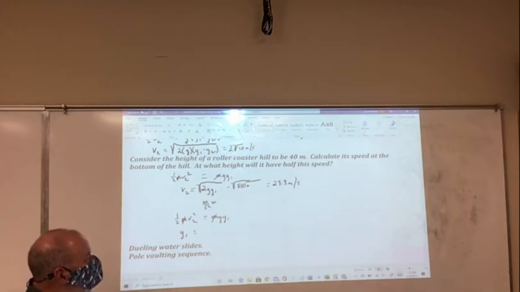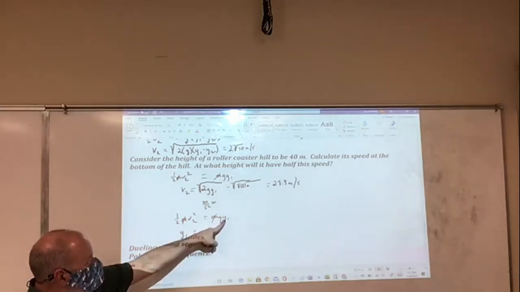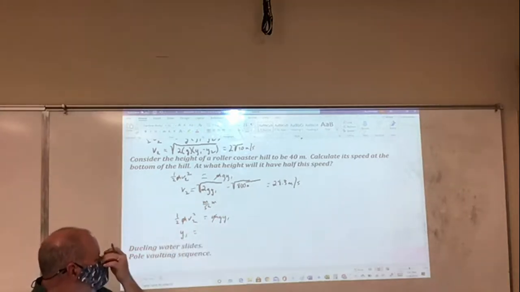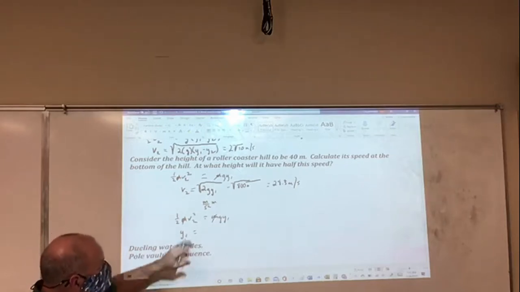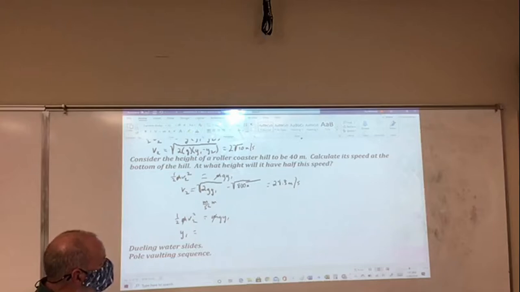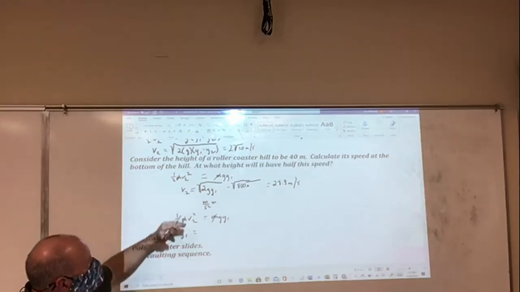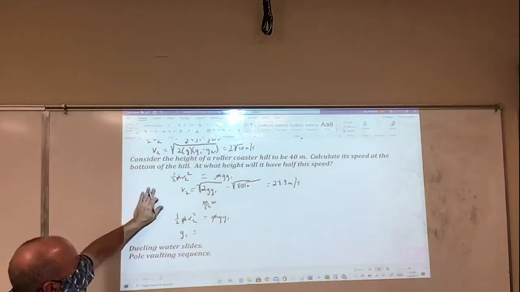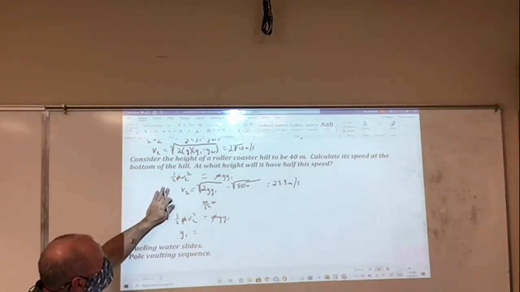Yes, it would. Oh, I see what you're saying. So we're going to have to add in a second factor here. How would we do that at that height? At what height will it have half that speed?